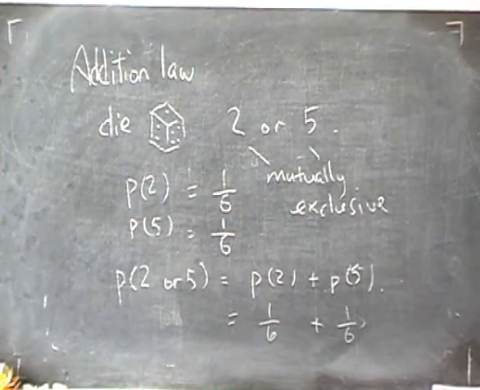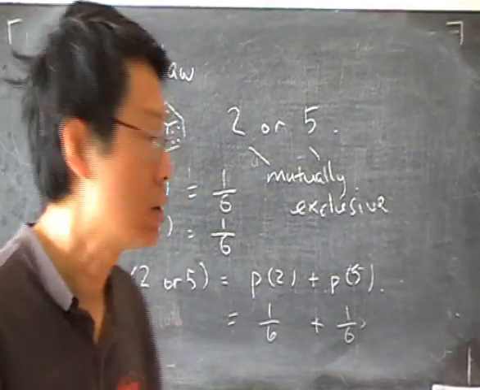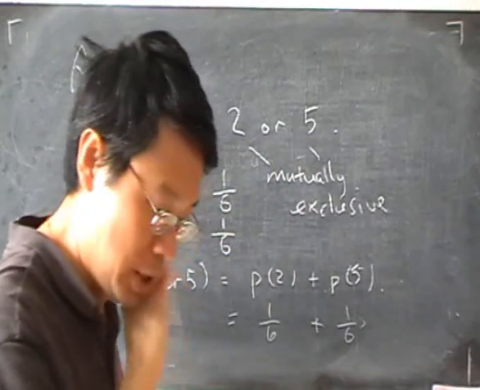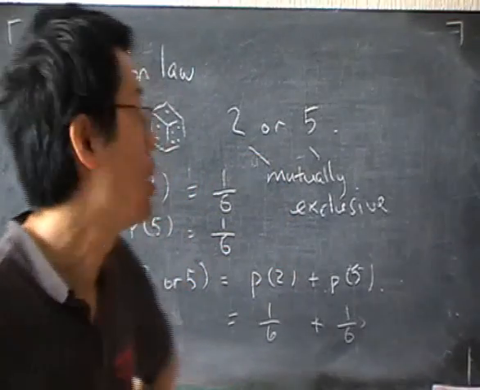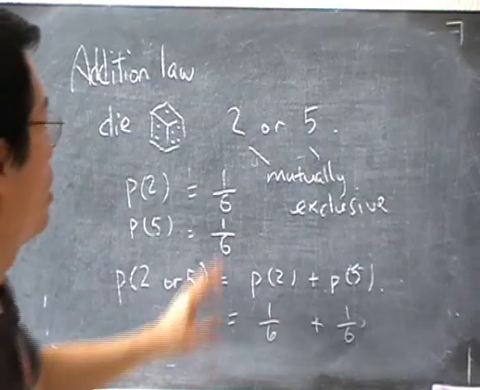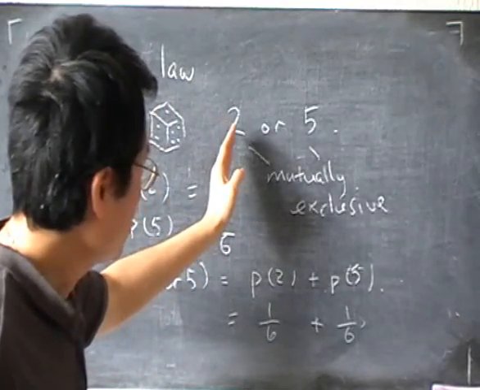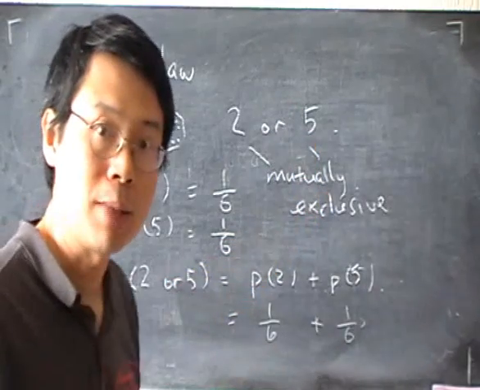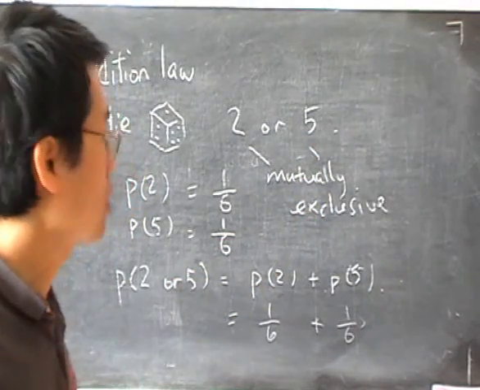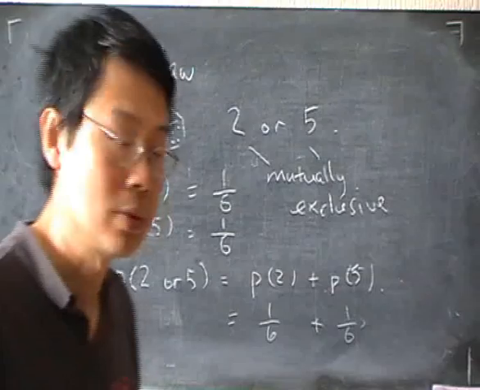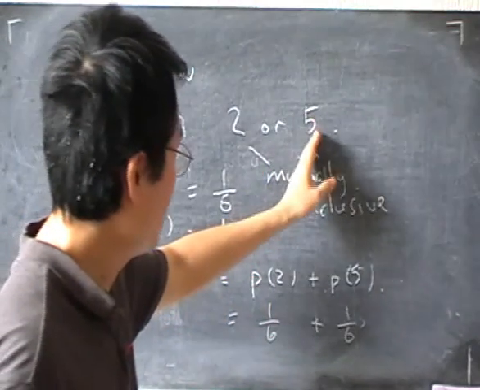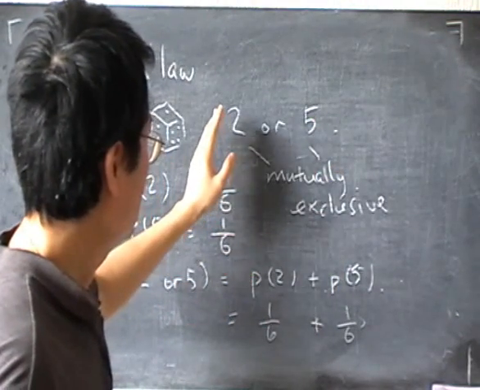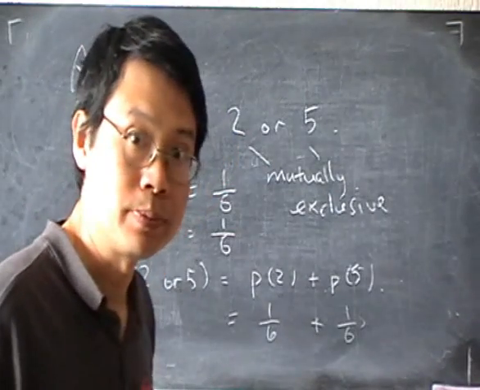Now that's a rather complicated word, mutually exclusive. What it means is that if one event happens, the other event must not happen or cannot happen. And if the other event happens, this event is not possible.